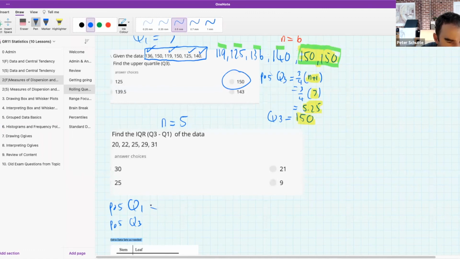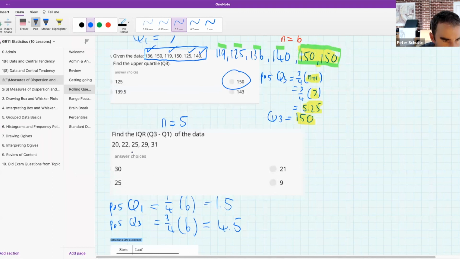Just want to check the answer. Okay. A quarter times n plus 1. Now, n plus 1 in this case is going to be 6. So that is going to be 1.5, and 4.5.